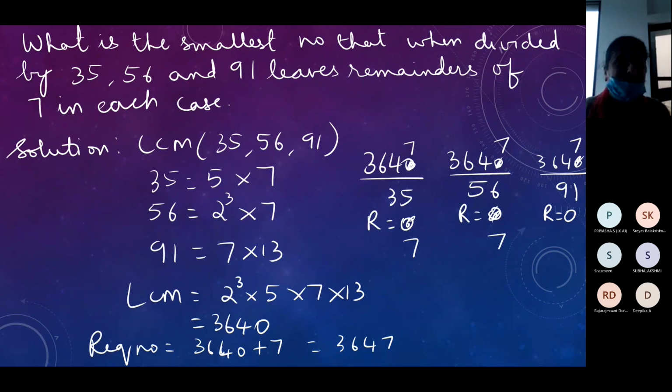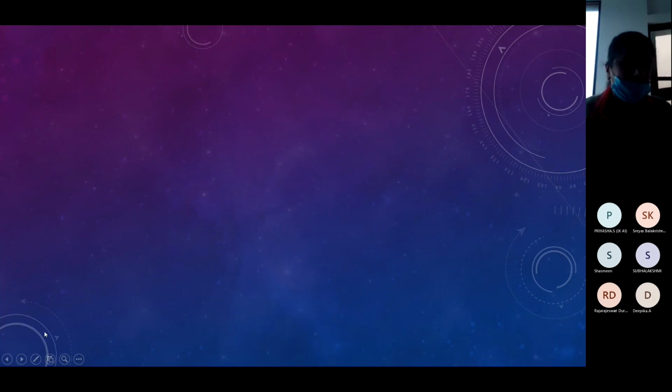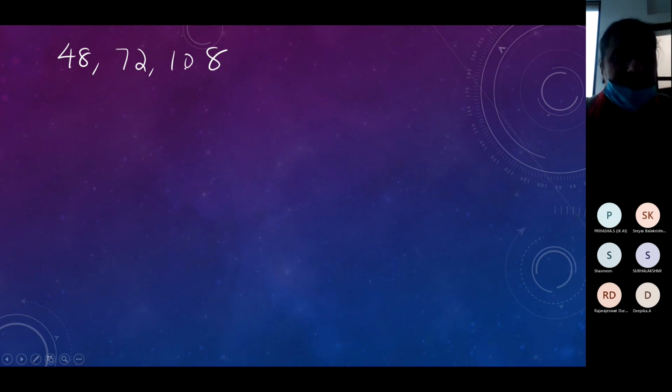You start finding the LCM or HCF. These are the numbers, children. I'm writing the question. You find the LCM or HCF, whatever, for the three numbers.